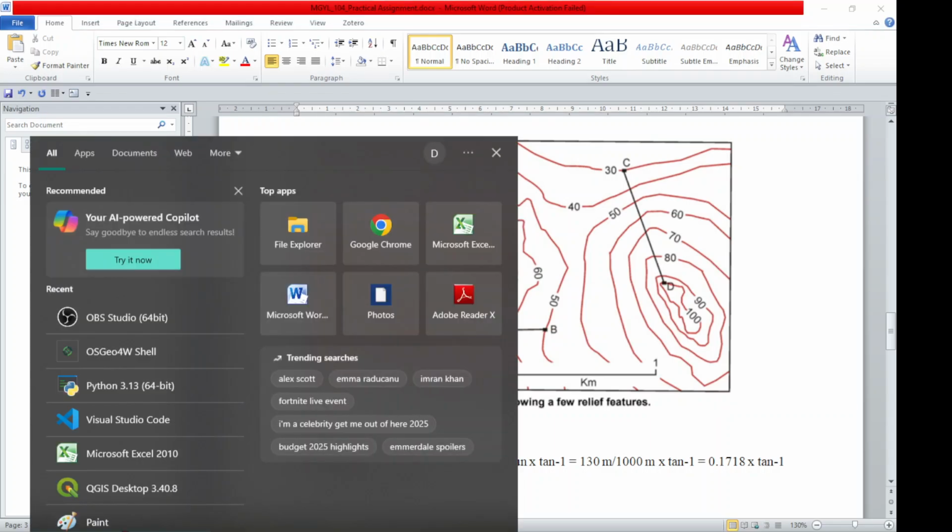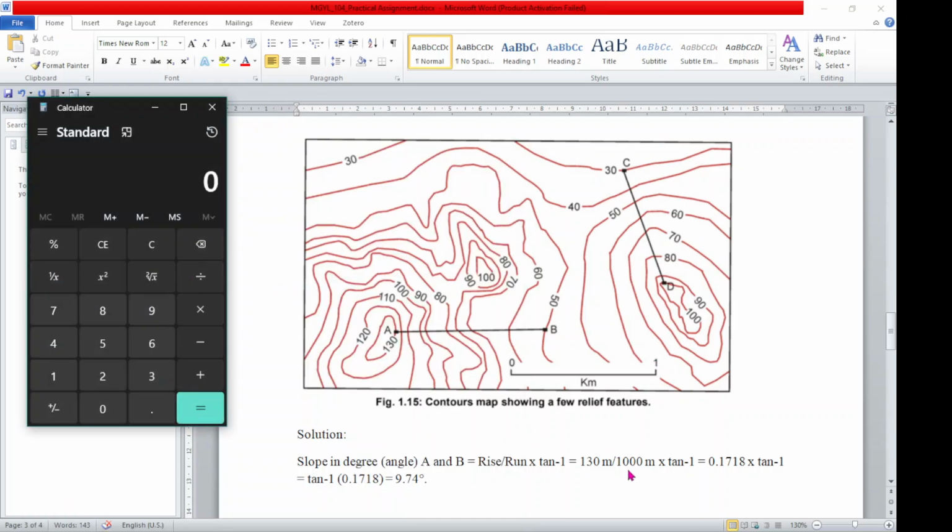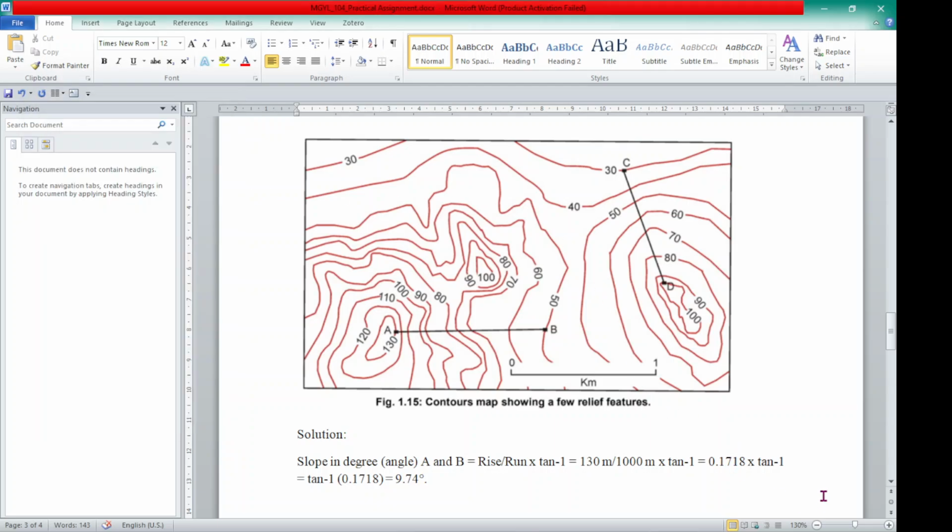Open the calculator. 130 divided by 1000, it is 0.013. Okay, so this is again tan inverse of this particular value, 0.013.